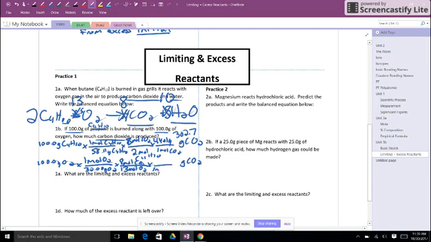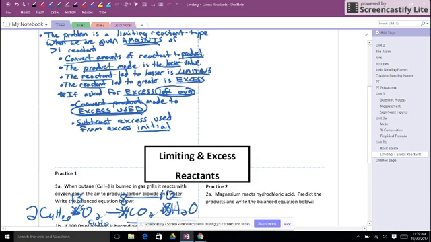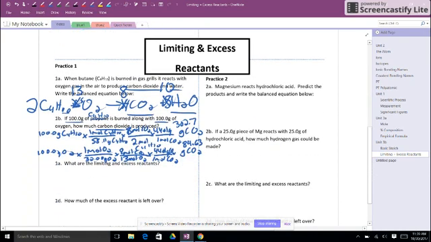And then 1 mole of CO2 is 44.01 grams of CO2. And this is 84.63 grams of CO2. So remember, for the first question, how much is made, the product made is just the lesser of those two values. So we've done the work. Let's just circle the lesser value. That's how much is made.